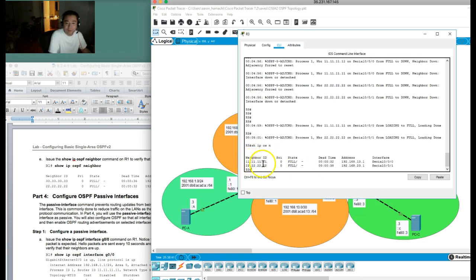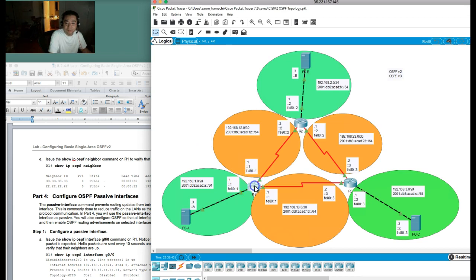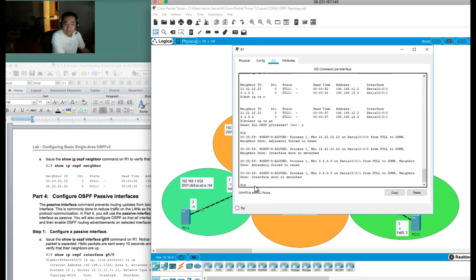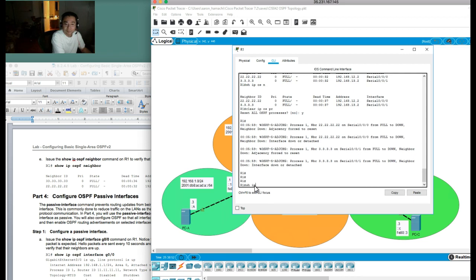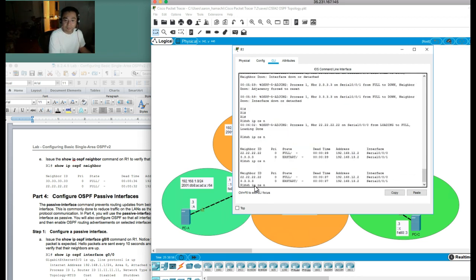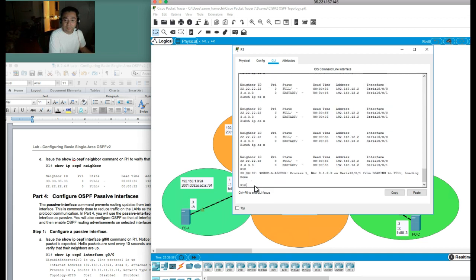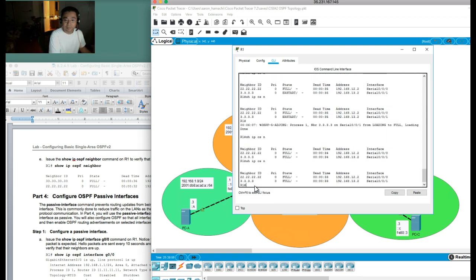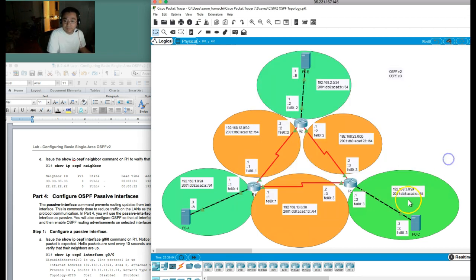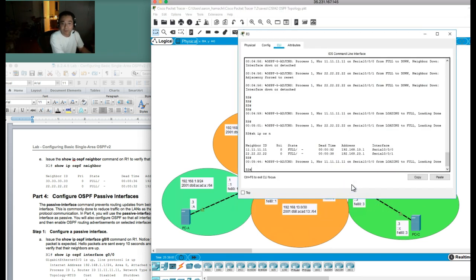Okay, there's router 1, router 2. Let's double check router 3 here.